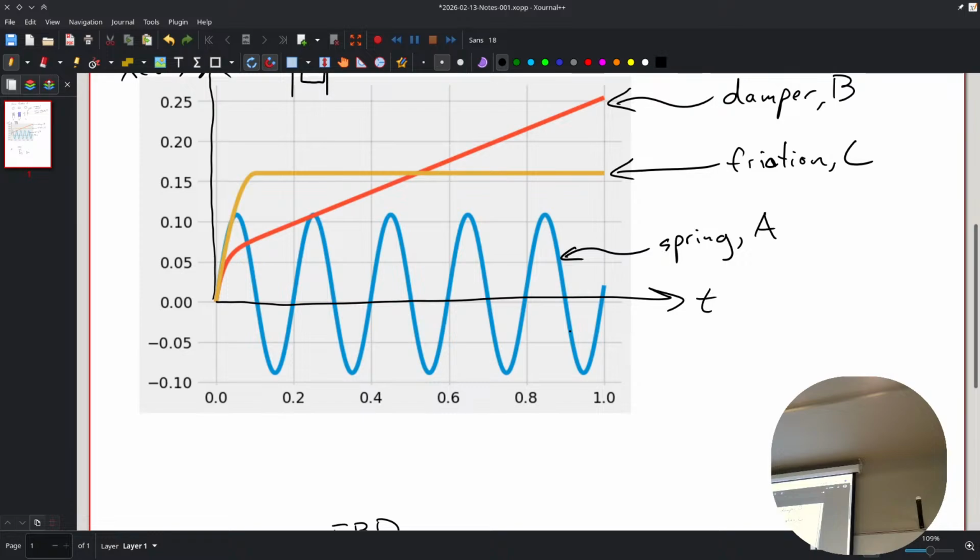In this case, it's not a damped spring. What do you mean by friction? Okay.